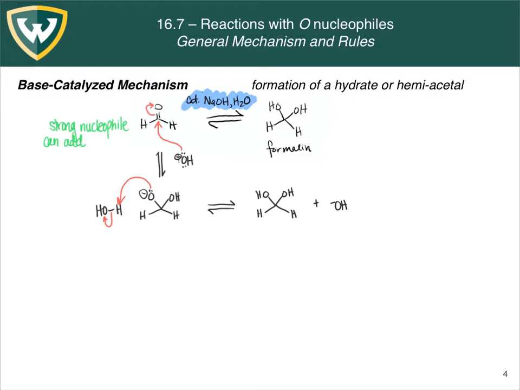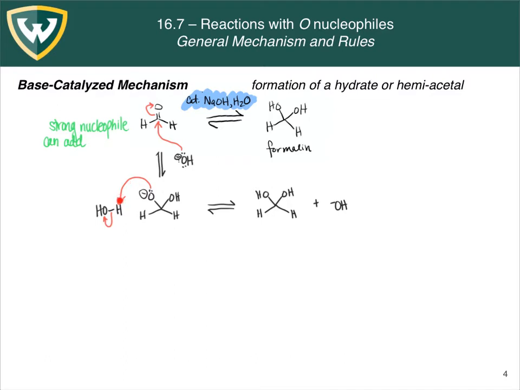This is a very special name only for formyl-derived hydrates. So overall, this type of structure where we have kind of two alcohols coming from one carbon is called a hydrate, but this particular one made from formaldehyde is called formalin.